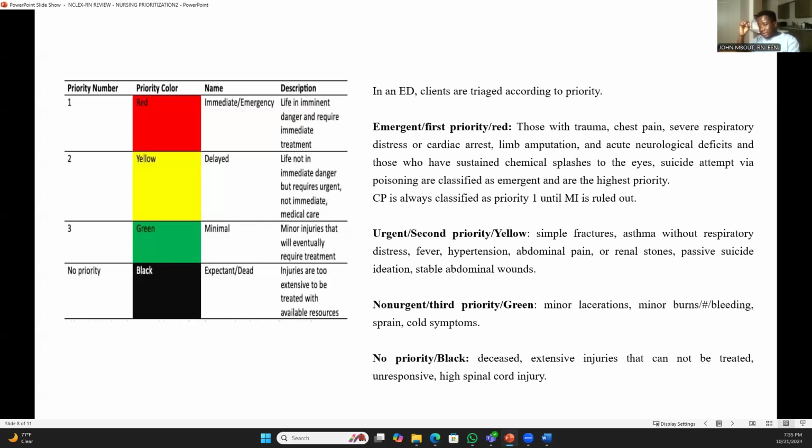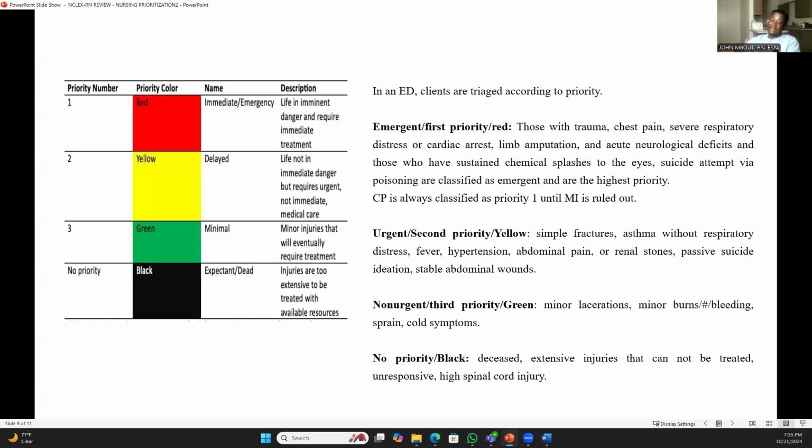But the other level, which you have to be careful about when it comes to disaster conditions, is the last level. We call it no priority level. The color coded there is black. These clients are either dead or in conditions that cannot be resuscitated.